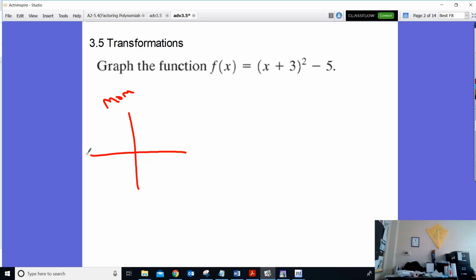What's mom? Mom is y equals x squared. Mom has 3 key points. What are they? Negative 1, 1, 0, 0, and 1, 1. These are key points.